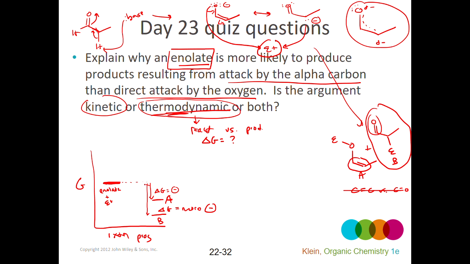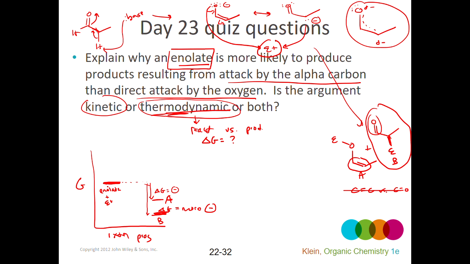Assuming that reaction pathway can go back and forth and reach equilibrium, the equilibrium should favor the product that has the electrophile connected to the carbon because it preserves the more stable CO double bond. Right, so there's the thermodynamic argument for that.